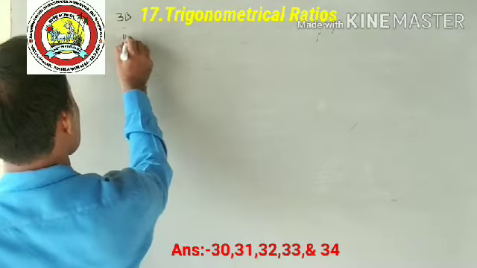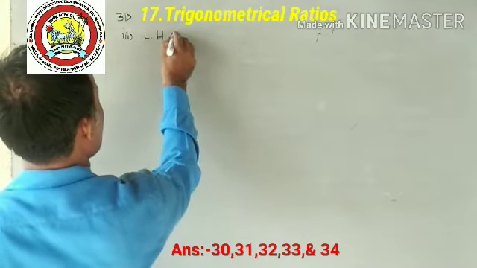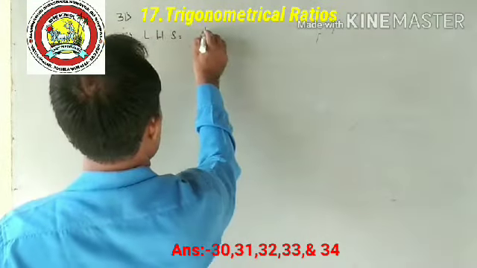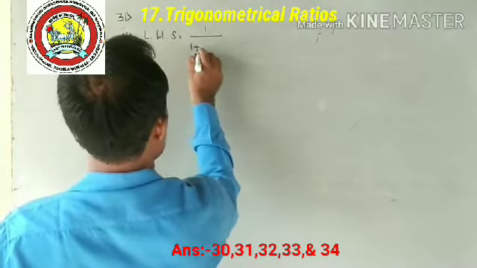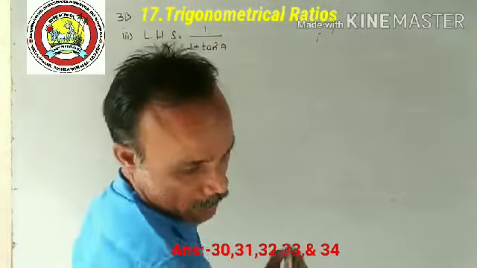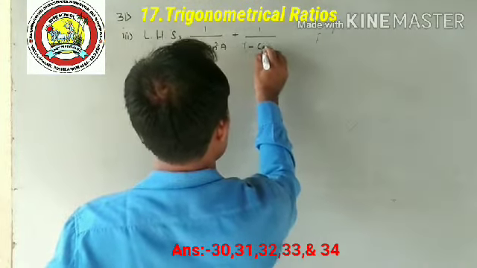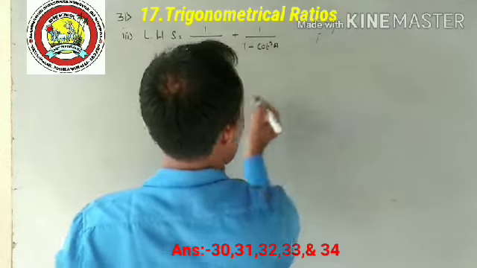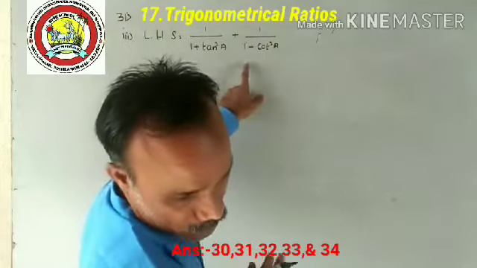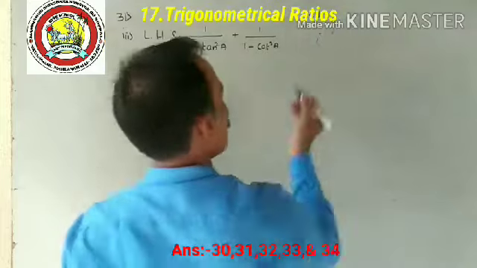LHS, same question 31: 1 divided by 1 plus tan square A, plus 1 divided by 1 minus cot square A. We have to show this value is equal to 1.